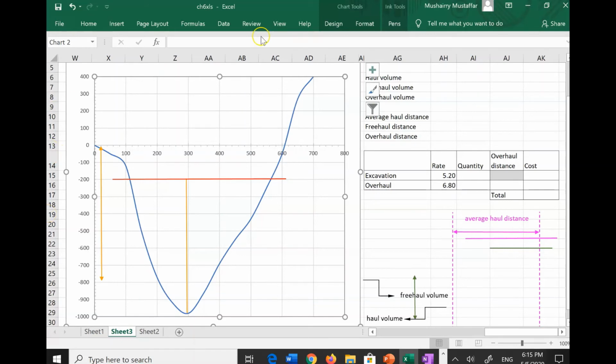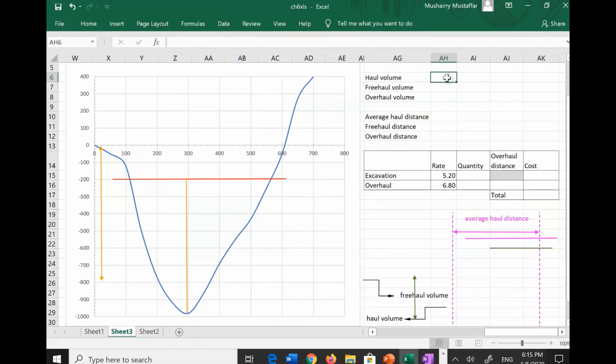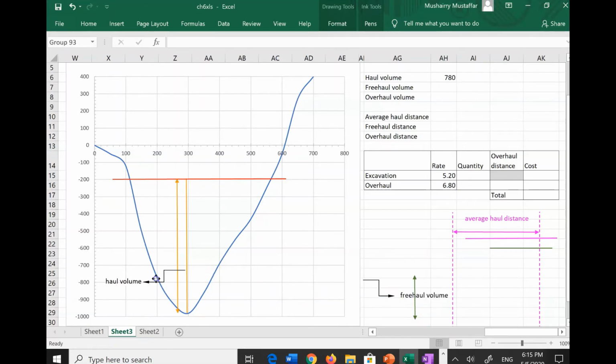So I'll put in there that the whole volume will be about 780. Now let's bring that back. So that is basically the whole volume.